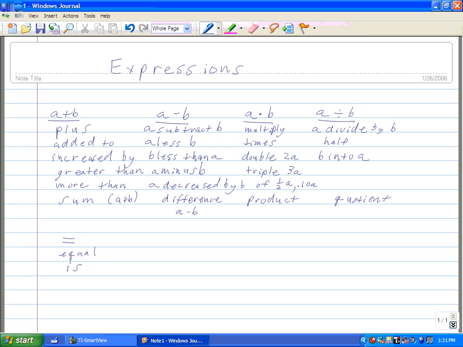For example, if you say the product of 3 and a number, that would be 3 n, or whatever variable we've chosen to use. The product of 3 and a number is, meaning put in the equals, 15.